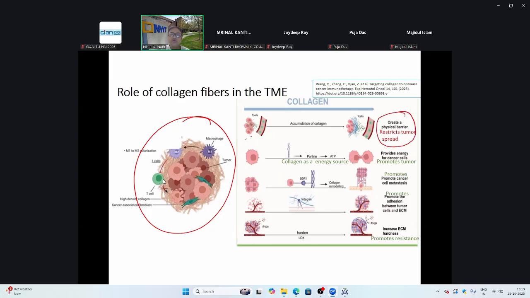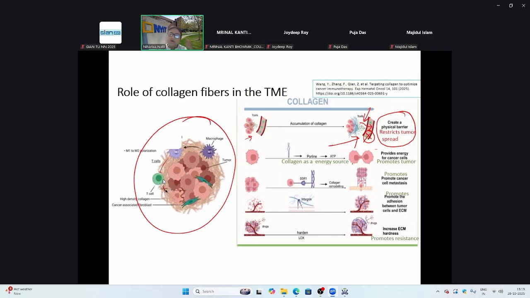So here's your tumor. And if there's a lot of collagen, see this collagen here? See all that collagen that I'm showing you? Then the tumor will not go to the blood vessel. That will not happen. So it's good. That means there's no metastasis. So if CAFs made too much collagen, then the tumor cells will not spread. But if there's less collagen, then they can go and spread metastasis.